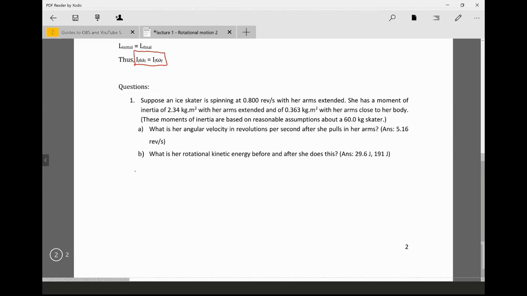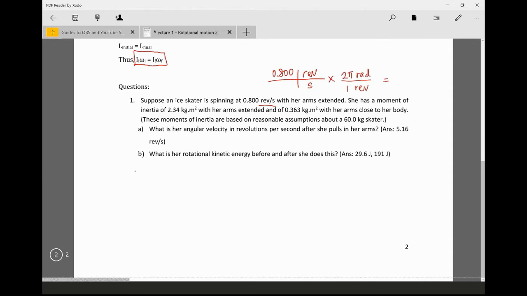So revolution, since this is not in SI unit, right? If you want to convert to SI unit, this one you will learn in your chemistry soon. Unit conversion. So 0.8 revolutions per second. If you want to cancel off the revolution, multiply with the same value. So 1 revolution equals to 2 pi radians, isn't it?